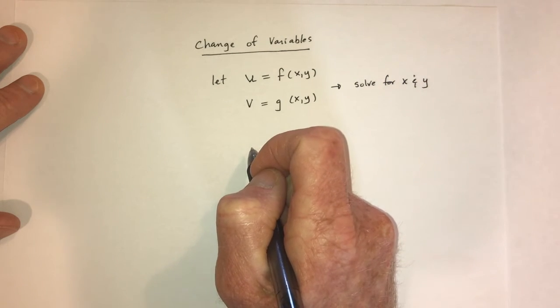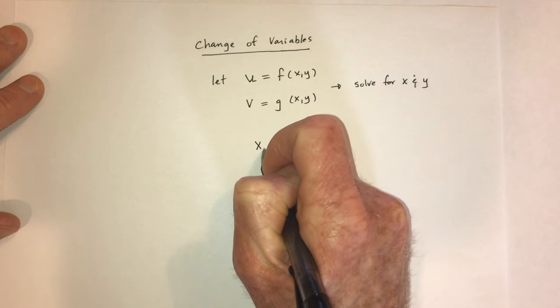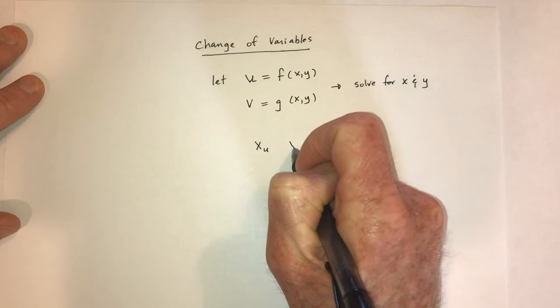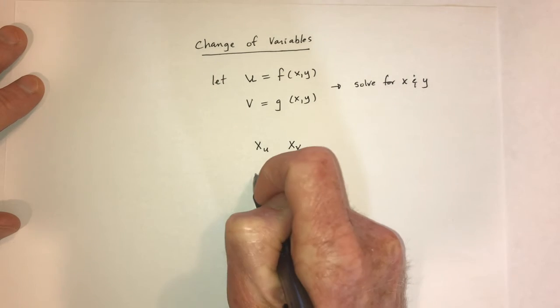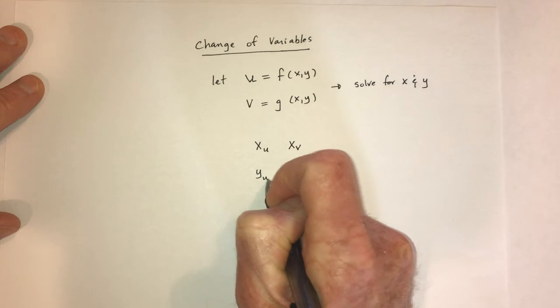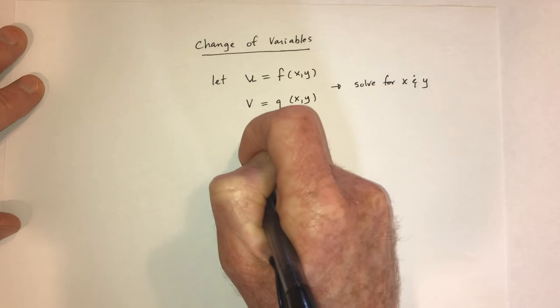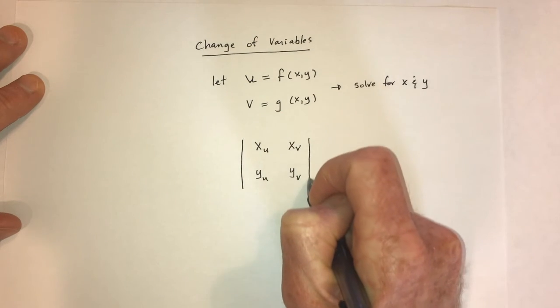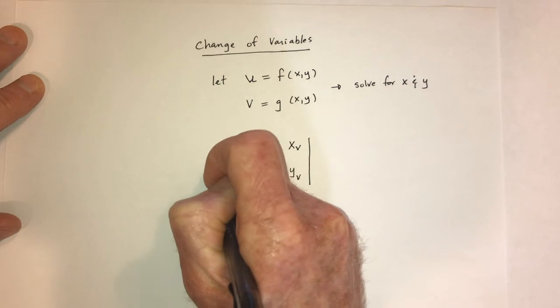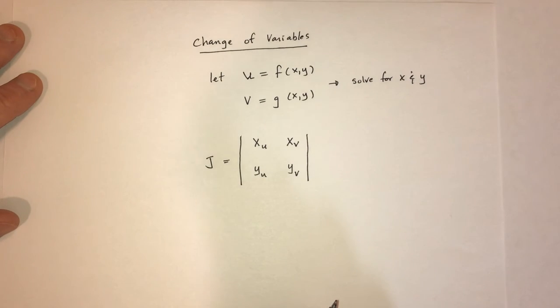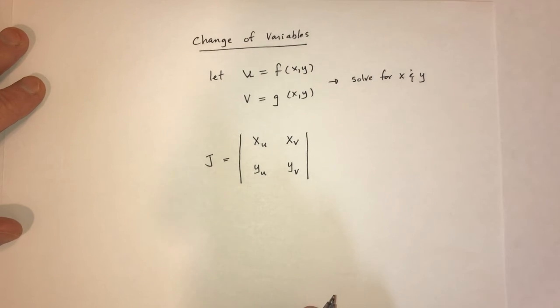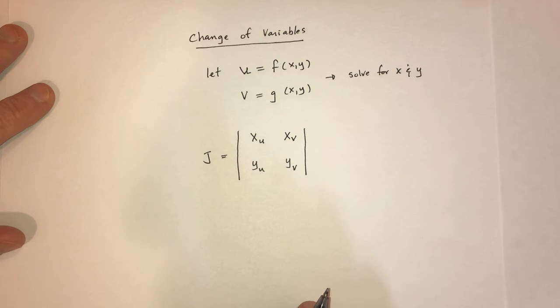And then you find the derivative of x with respect to u, the derivative of x with respect to v, the derivative of y with respect to u, and the derivative of y with respect to v. You create a little 2x2 determinant, which is called the Jacobian. So you find that determinant.